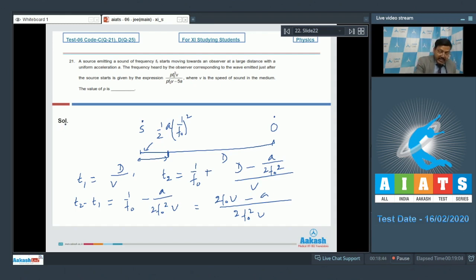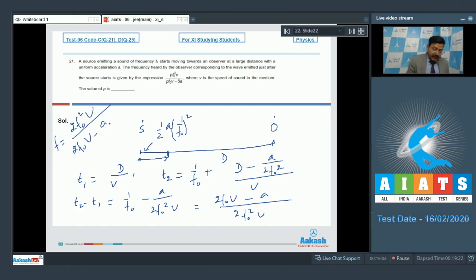So that frequency, let's simply call it f, is equal to 1 by t2 minus t1, and this in turn is 2 f0 square v divided by 2 f0 v minus a.